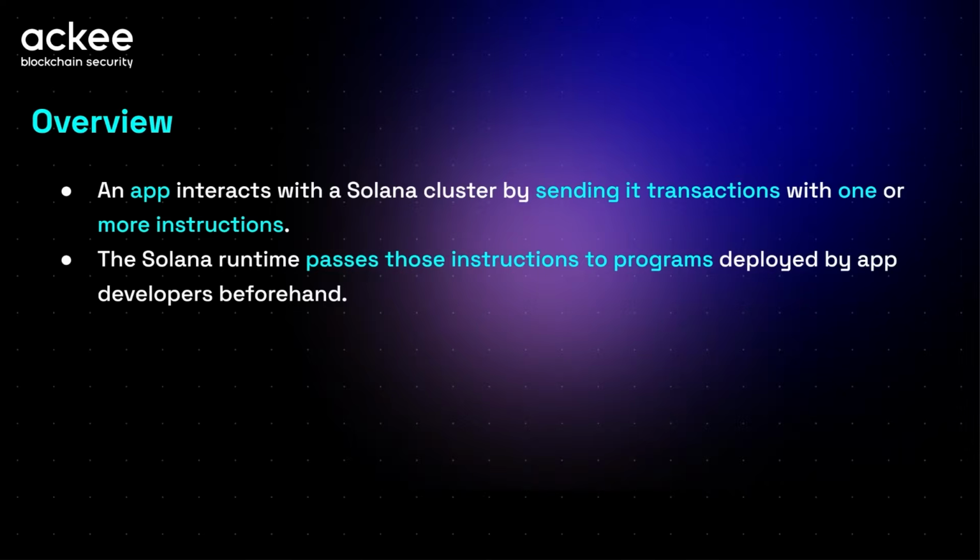That means you as an app developer create a Solana program, then you deploy it to the desired cluster, for example devnet, or if it's in production then mainnet, and then other users can interact with your app by sending transactions to the Solana cluster, and the transaction contains the instructions which are meant to call your program.